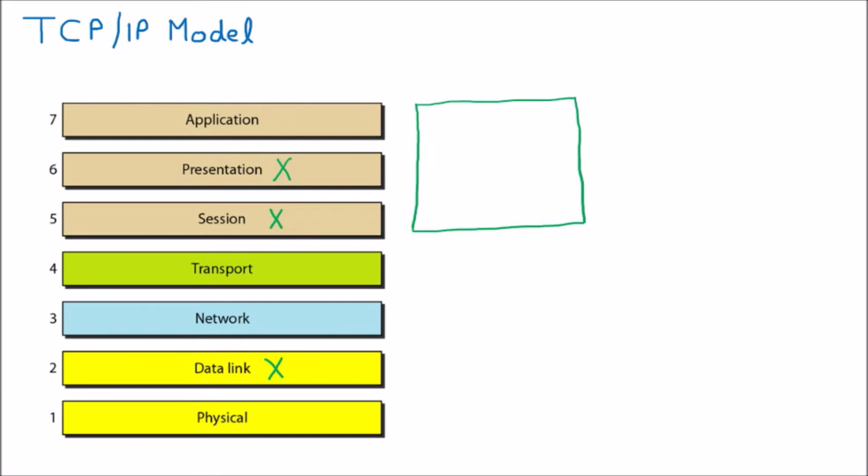We know that the OSI model has 7 layers. Now these are combined, and the name given to the combined 3 layers is the application layer. So now there is no separate presentation and session layer inside TCP/IP, but all those functionalities become one.